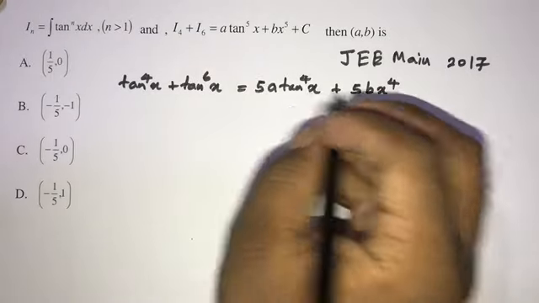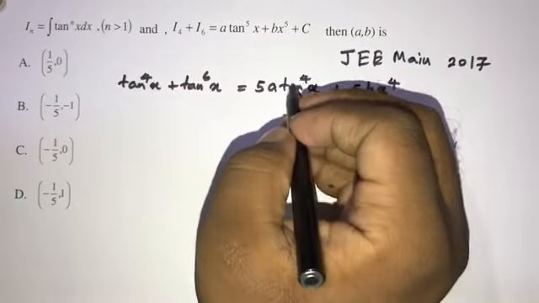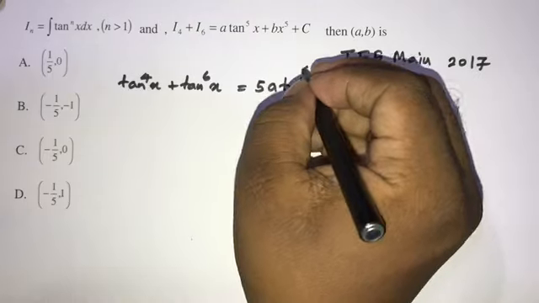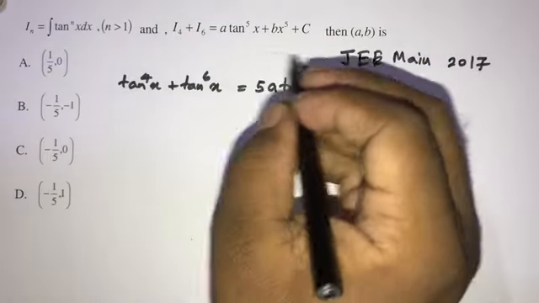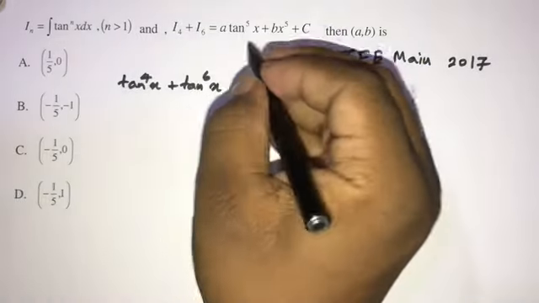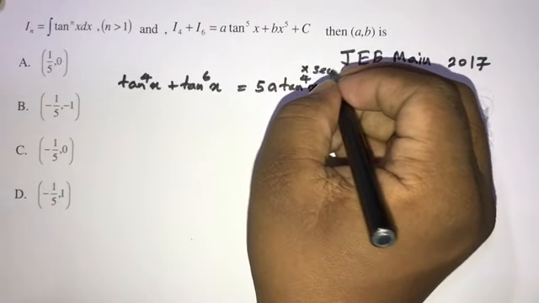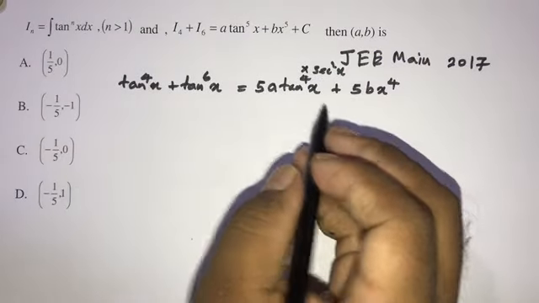Oh, I forgot it here. 5 times a tan to the 4th power x times, according to the chain rule, the derivative of tan of x, so secant square of x. Sorry for that.